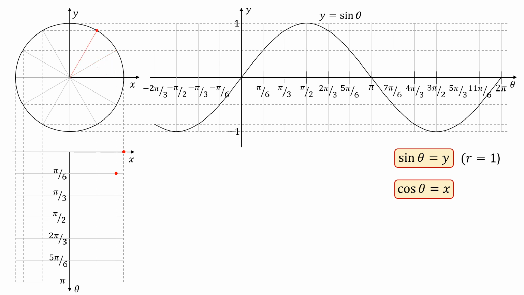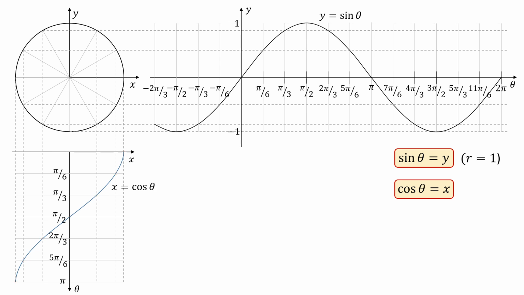Pi by 3 radians, pi by 2, which is on the y-axis and thus has an x-coordinate of 0, 2 pi by 3, 5 pi by 6, and pi, which is a half turn corresponding to x equals minus 1. We thus have a function that looks like this.